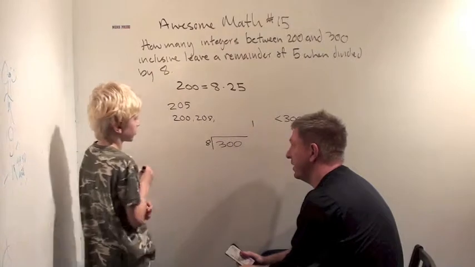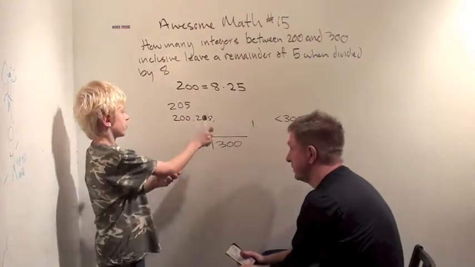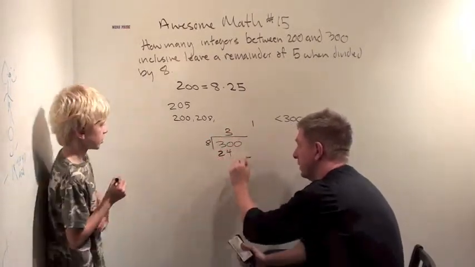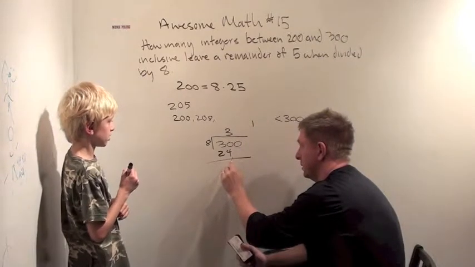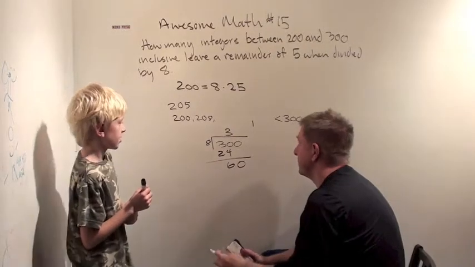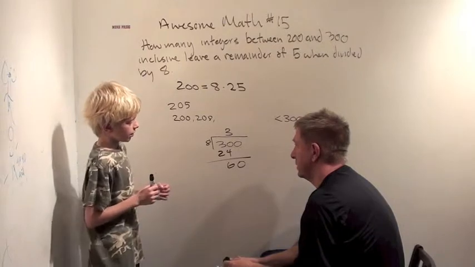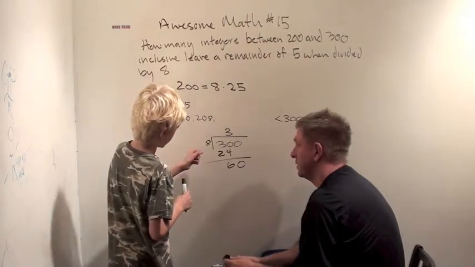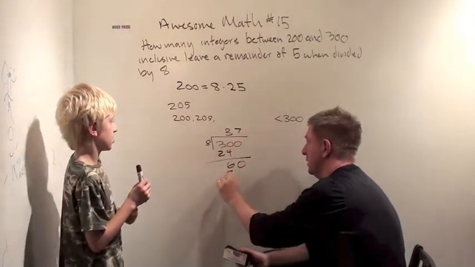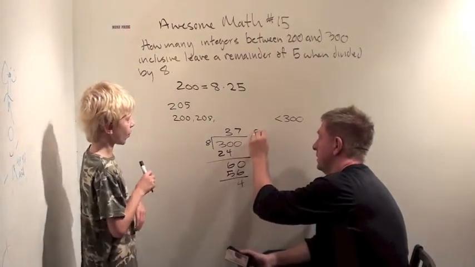So 8 times 3 is 24, then 6, bring down the 0, 60. 8 times 7 is 56. So that leaves a remainder of 4.